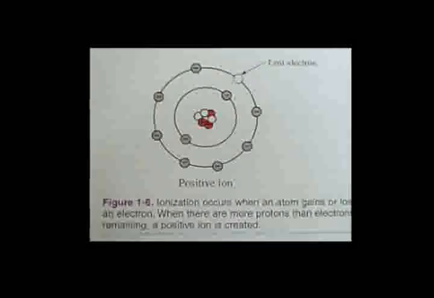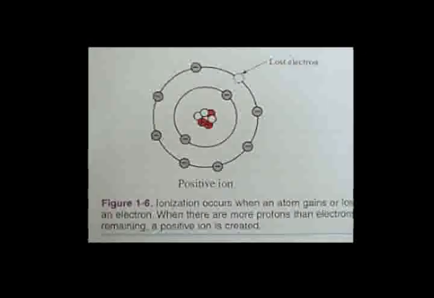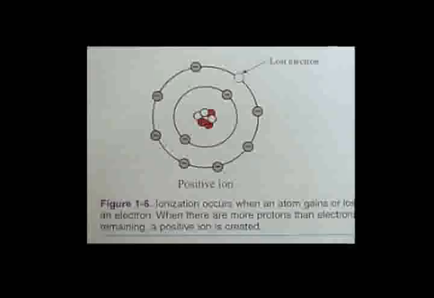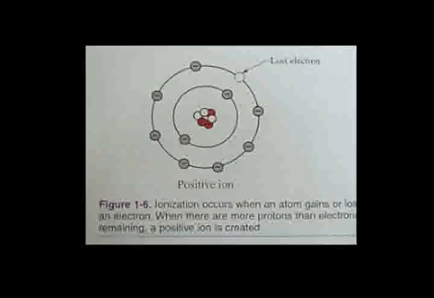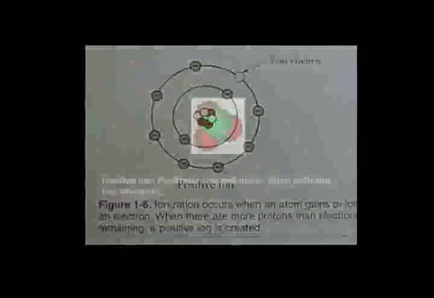When the electron leaves the outer orbit, the atom becomes ionized. Figure 1-6, an ionized atom is electrically unbalanced. An atom that loses an electron from its outer orbit has more protons or positive particles in the nucleus than electrons or negative particles in orbit around the atom.